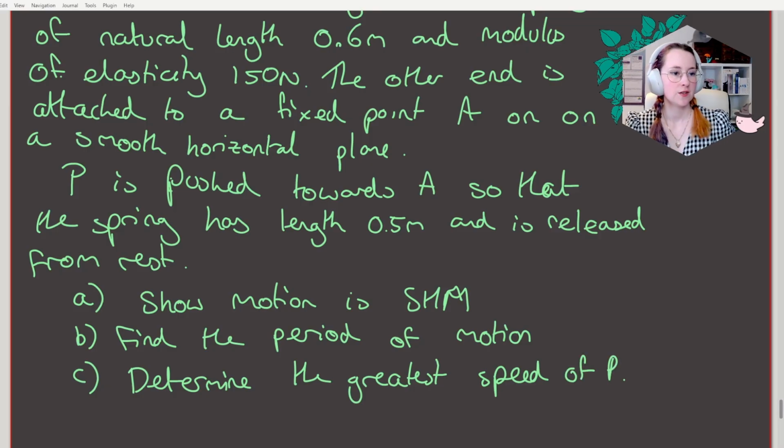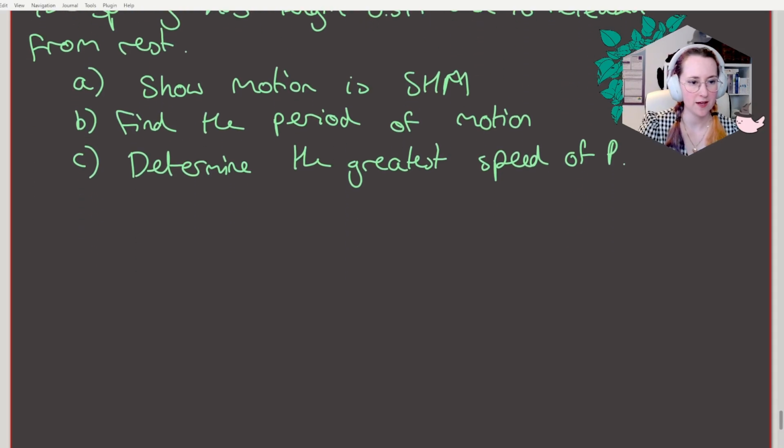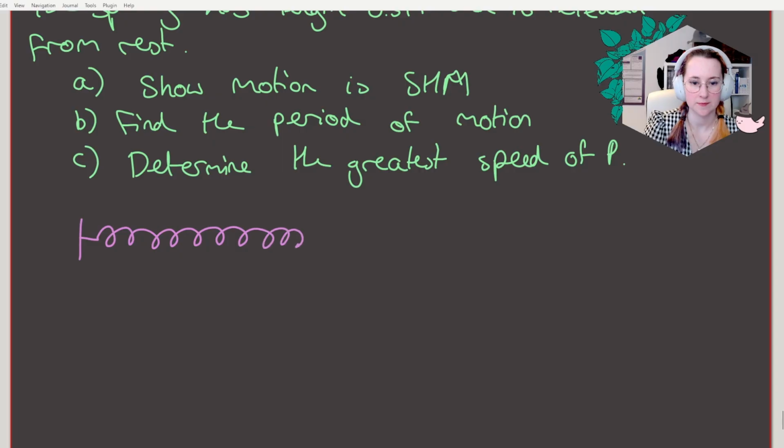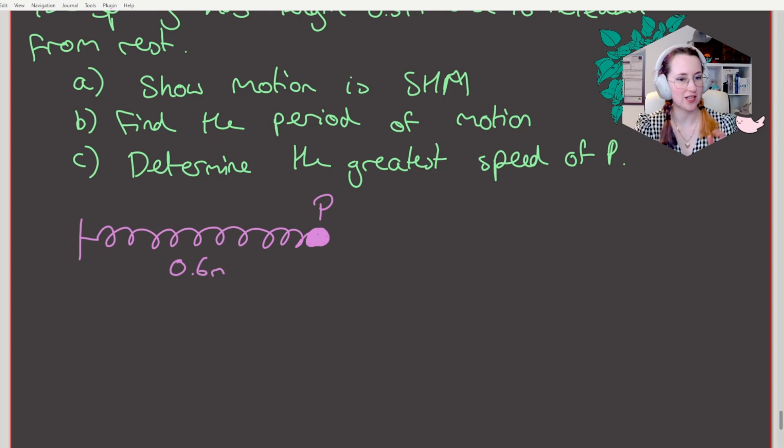Okay, so let's just write down what we have. We have a spring with a particle P. At rest, it's 0.6 meters, and it's just chilling.